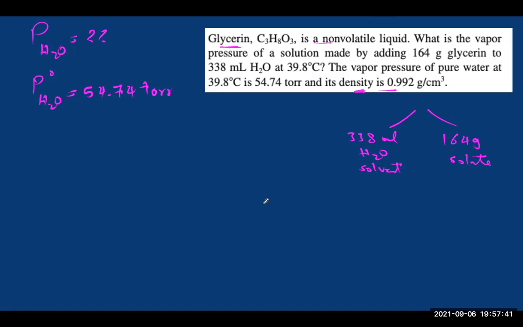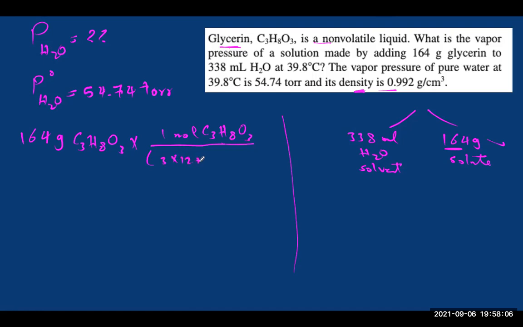In order to calculate the mole fraction, I need to calculate the number of moles. Here we have grams, so we can convert to moles. It will be 164 grams of C3H8O3 times 1 mole of C3H8O3 over the molar mass, so it will be 3 times 12 plus 8 times 1 plus 3 times 16 grams.